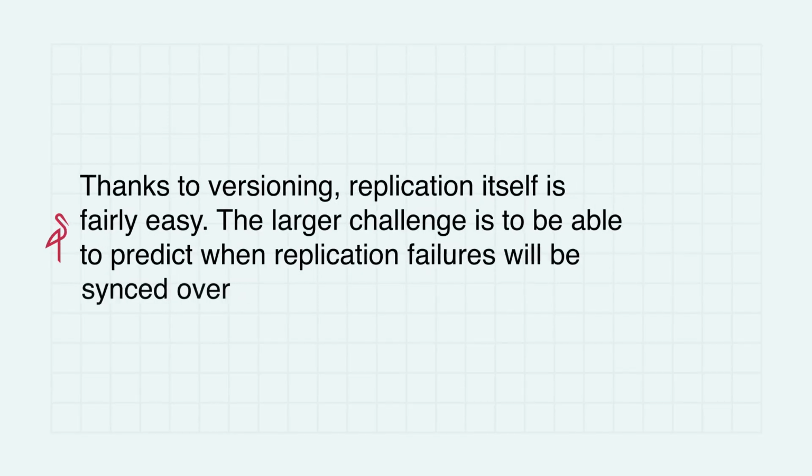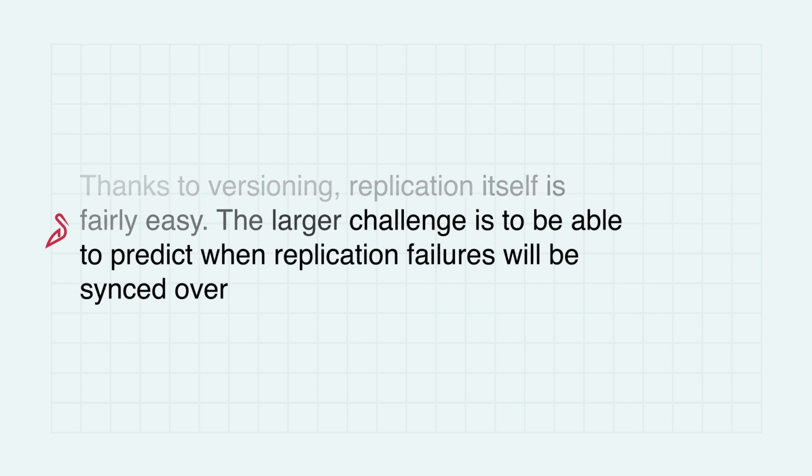So the larger challenge is to actually be able to predict when the replication failures will be synced over, because as long as the inline data replication inflow rate is matching the rate at which we can transfer, it's all good. But if there is a temporary downtime in the other cluster, or we need to pick up after some failures, then we were relying on the scanner for doing this. And the scanner does its job very well, but it is unpredictable on when it will actually get to the replication backlog.